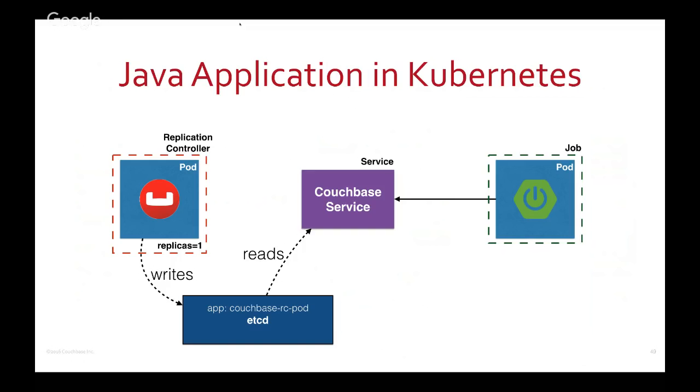Now here, if you think about it, I have a Couchbase pod running as a replication controller with a single replica. The pod has a label, and the label is what makes it accessible as a Couchbase service. And then on the right side, I have a Spring Boot application that's a run once job that just talks to the Couchbase service, which then writes to the database directly because of how the service is configured.